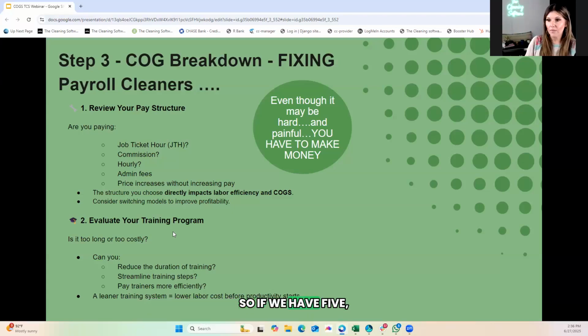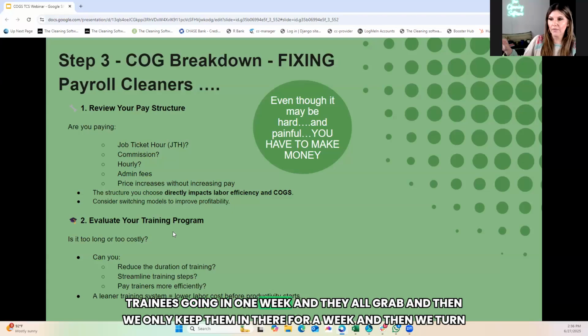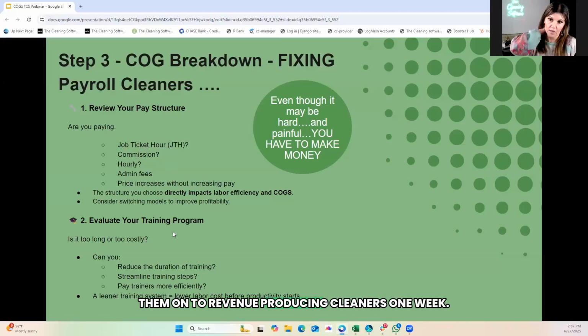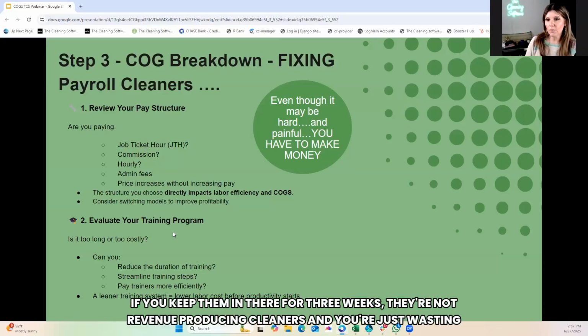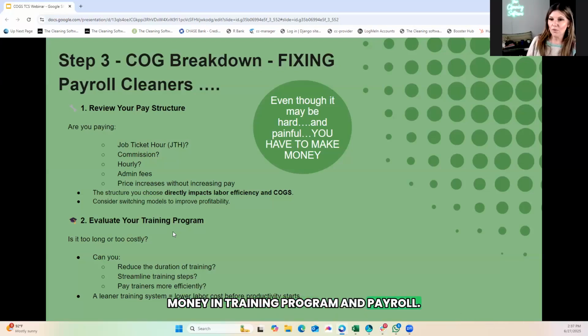So if we have 5 trainees going in 1 week and we only keep them in there for a week, then we turn them into revenue producing cleaners. If you keep them in there for 3 weeks, they're not revenue producing cleaners and you're just wasting money in the training program and payroll you'll never get back because they're not creating revenue.